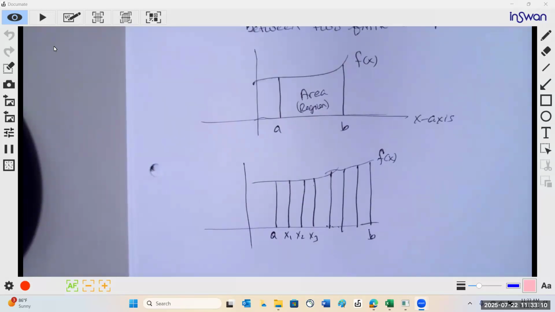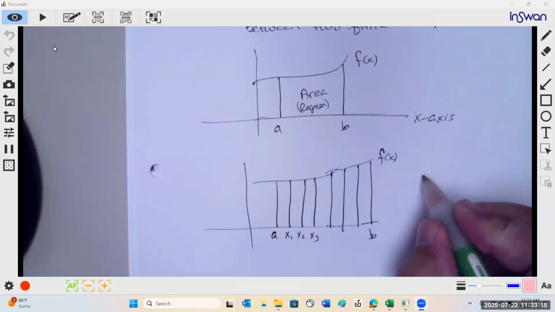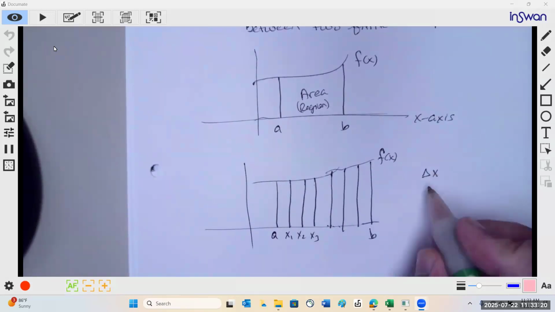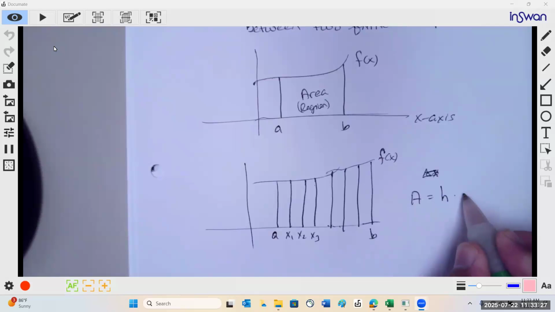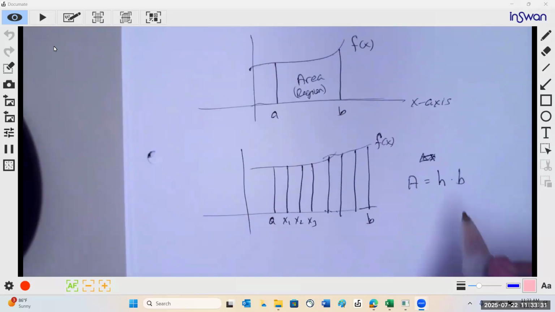So that's what we started off with. As we saw as well, the area of one of these rectangles is the height and the base, or the width.